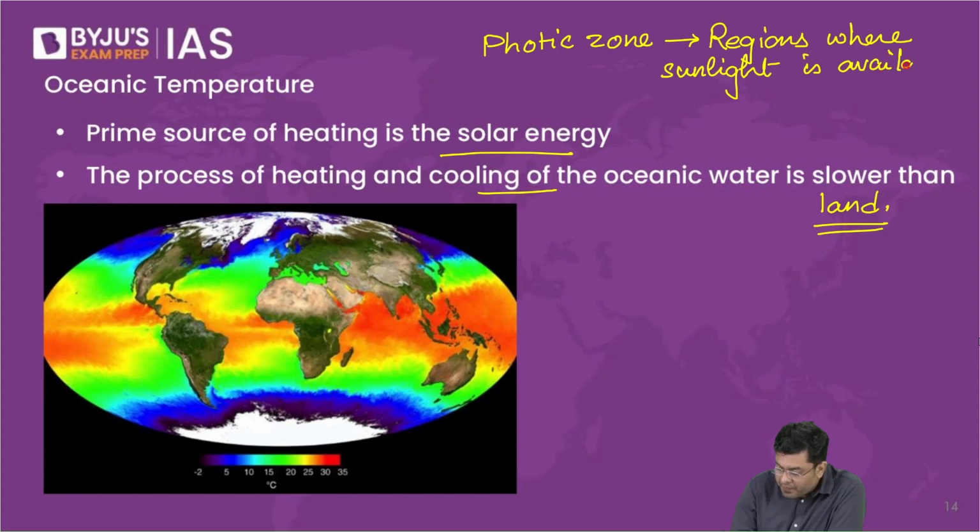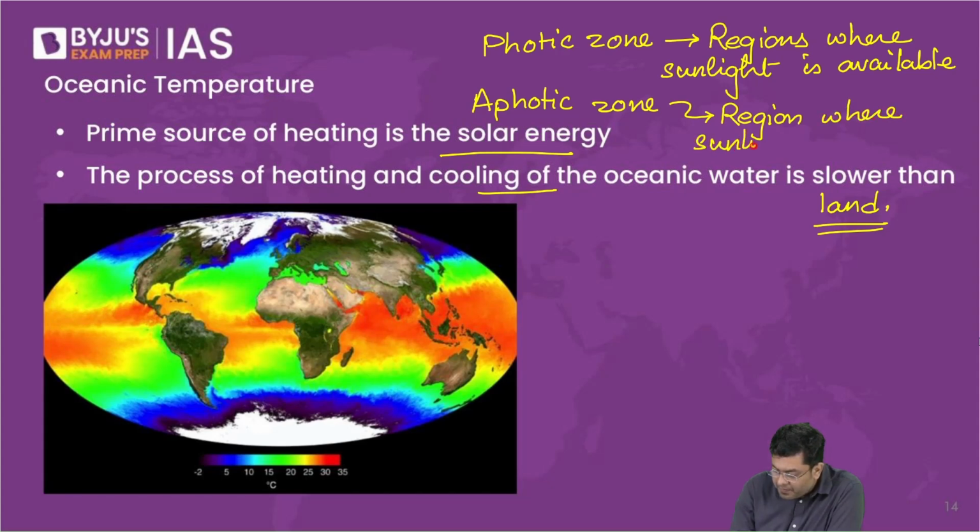Okay, so that is where you have the concept of the photic and aphotic and the heating and cooling. Generally, I would tell you the region. So when we talk about the photic zone, regions where sunlight is available.